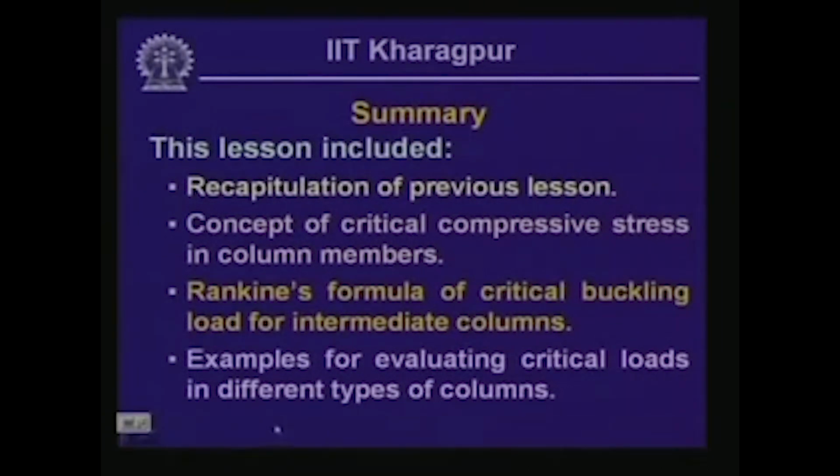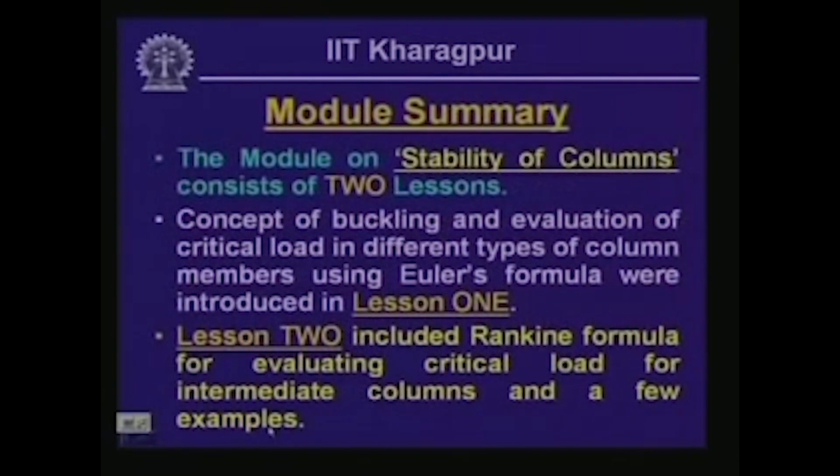Now, with this lesson we come to the concluding part of this particular module, which is on stability of columns. Basically, we had 2 lessons. In the previous lesson we introduced the concept of stability and buckling, and thereby discussed the Euler's critical load formula which is applicable for columns.